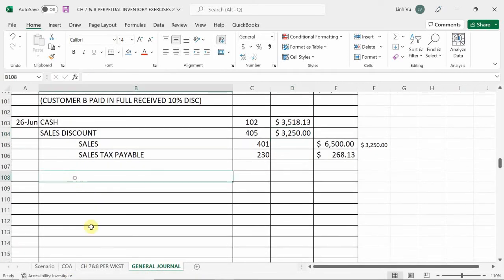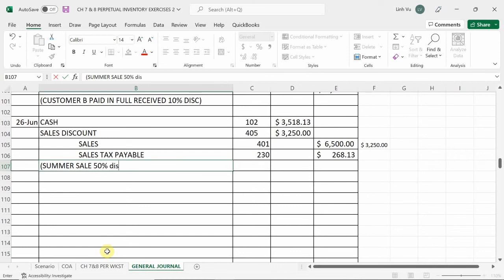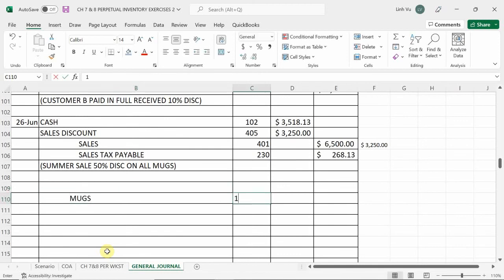And now, how do I update my inventory? Would it be mugs? Yes, you need to take away from mugs. What else are you going to be calculating? Your discount? No, you already took the discount out. We're done with the sales. We're updating my inventory.